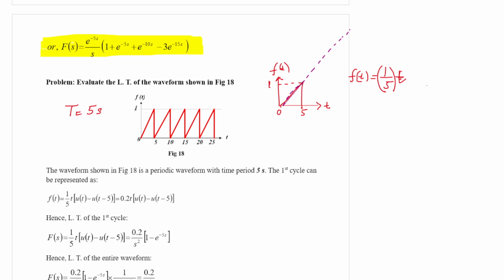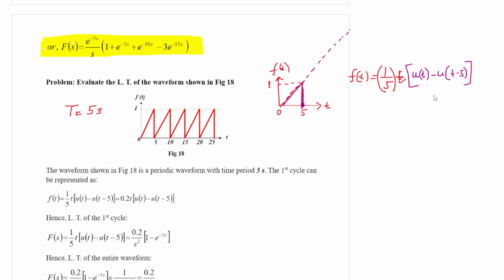The existence of this ramp function terminates at t equal to 5. This can only be achieved if it is multiplied with a gate function.